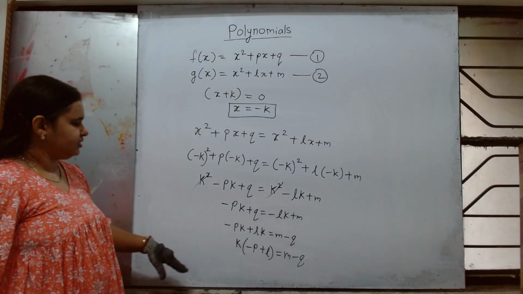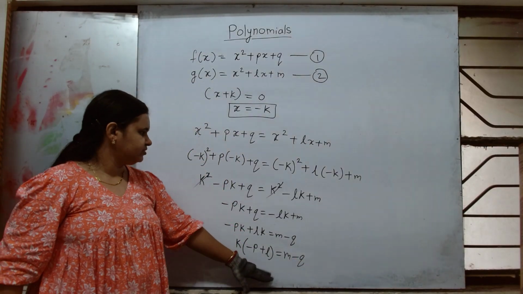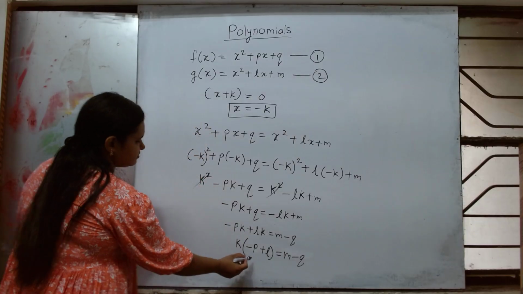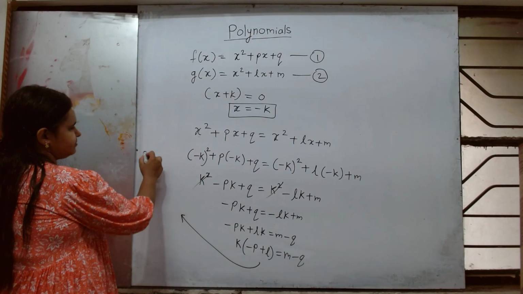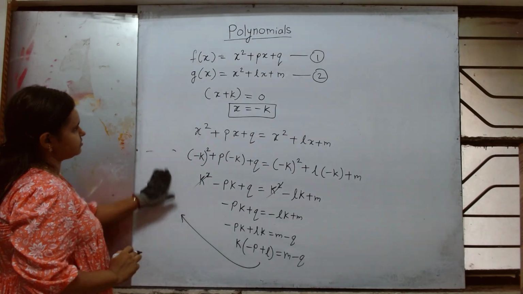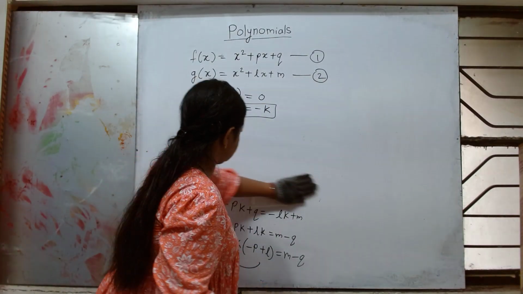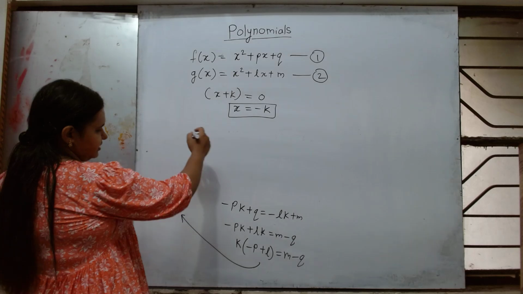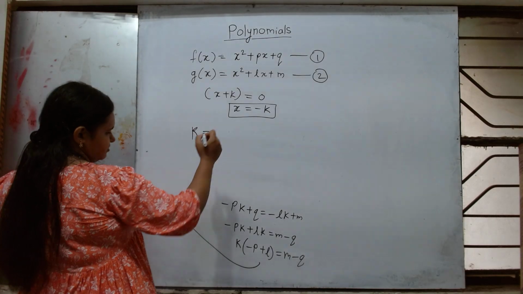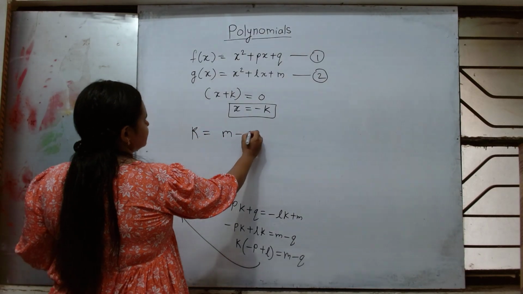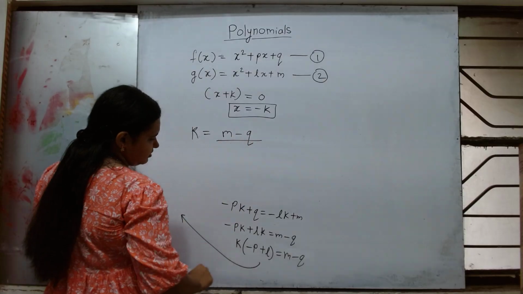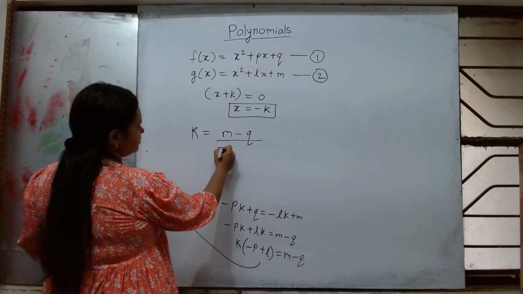Now k will be equal to m minus q upon minus p plus L.